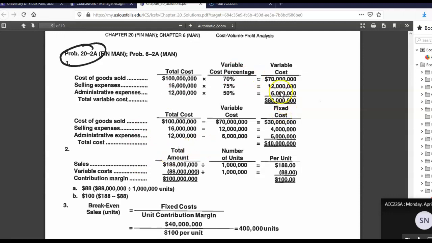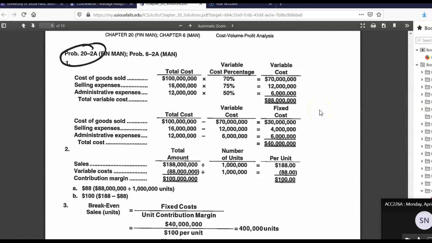Then if you subtract the variable from the total, that's what they're doing in this second part, that basically backs you into the fixed cost. So we know that cost of goods sold, 70% is 70 million. Well, the difference is 30%. Here's your 30 million of fixed. So step one was to identify how much was variable and how much of it was fixed.